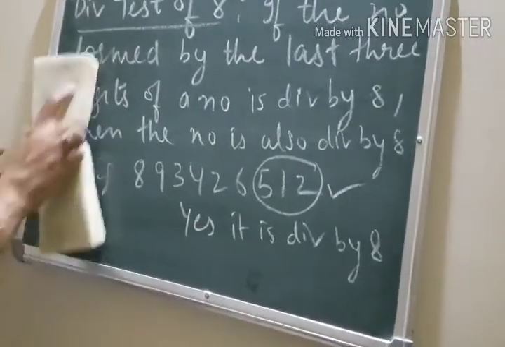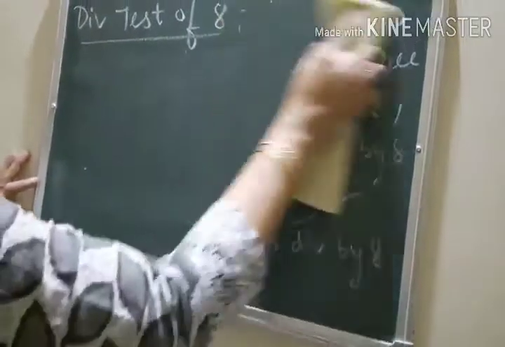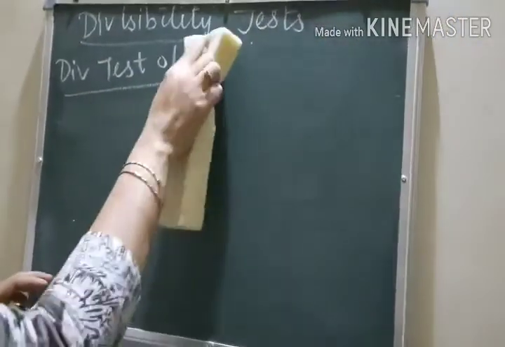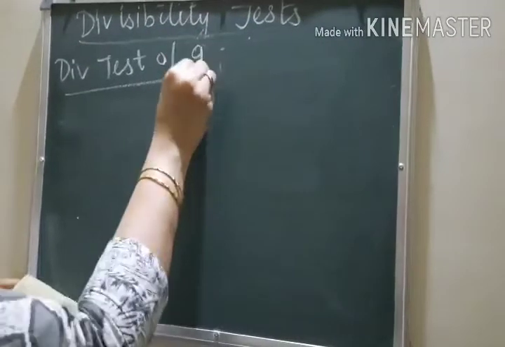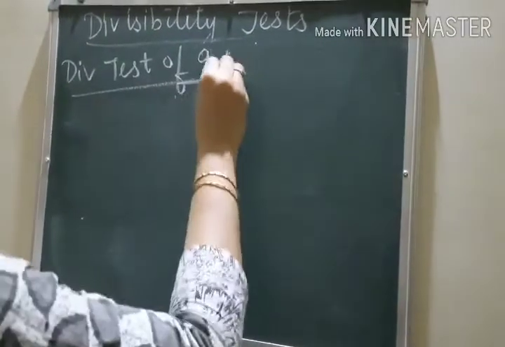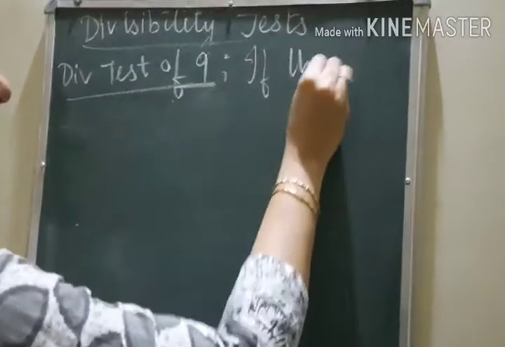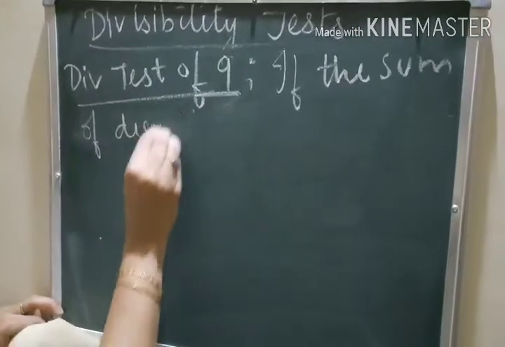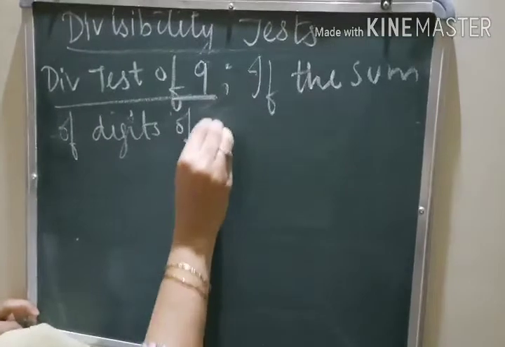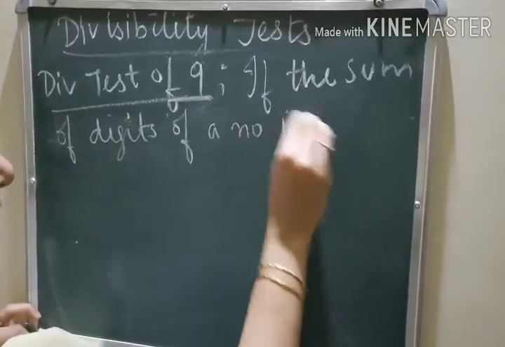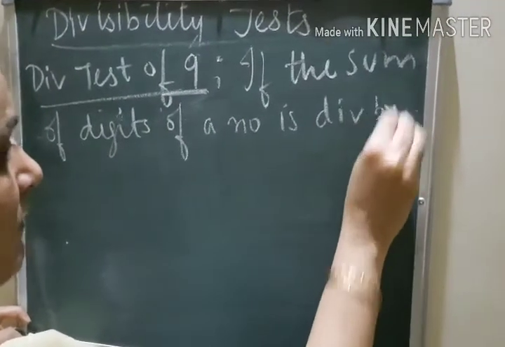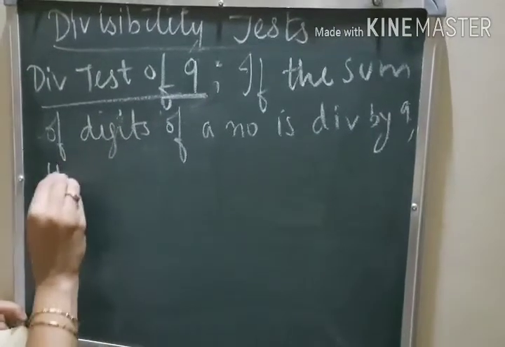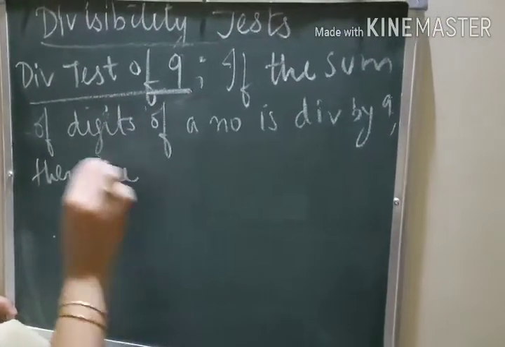Okay. Next is 9. Divisibility test of 9. It is the same as 3. If the sum of digits of a number is divisible by 9, then the number is also divisible by 9.